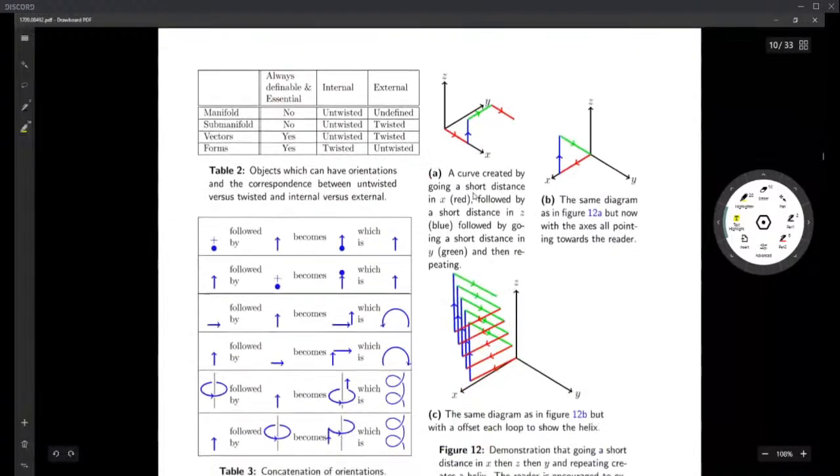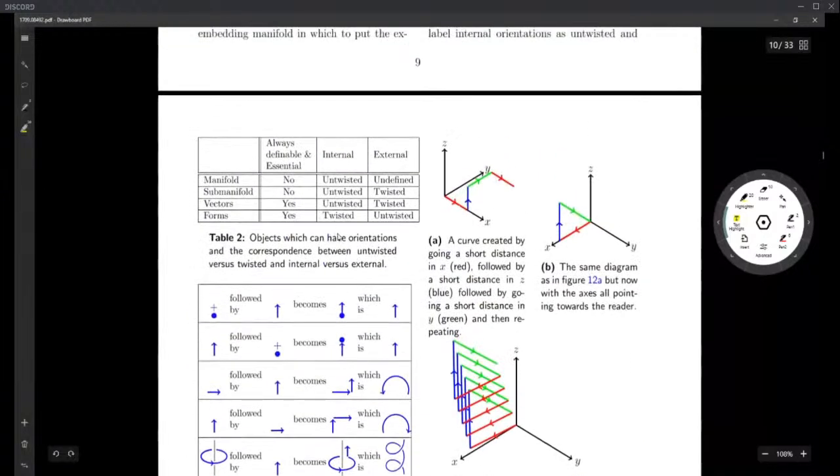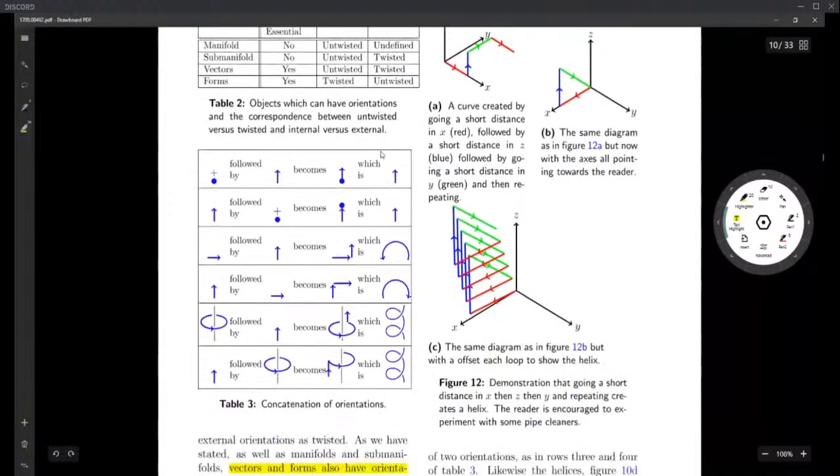And also, if you have not figured out yet, vectors and forms also have orientations. So they may be twisted or untwisted, or they may also be internal and external, like you can see in this table. External would be twisted. These are objects which can have orientations, and the correspondence between untwisted versus twisted, and internal versus external.